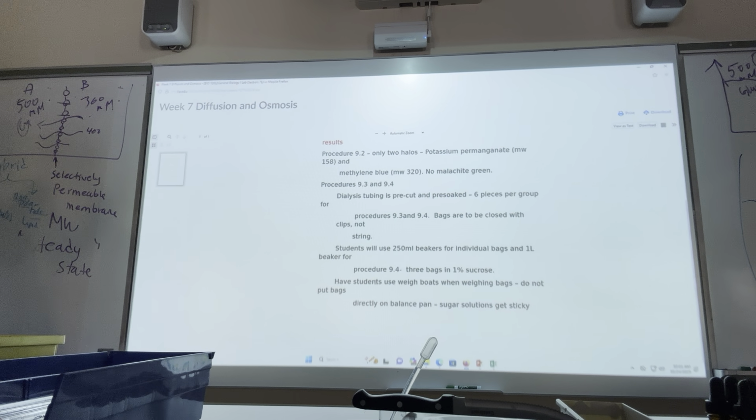When you are weighing the bags, use the weight boats. Do not put the bags directly on the balance pan, because the sugar solutions are going to get sticky on the surface of the weighing scale.